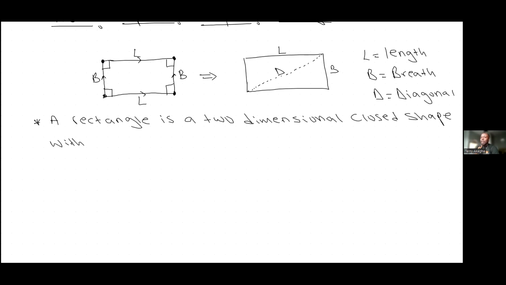Now, not only does it have four sides, it has four corners. And these four corners definitely mean that they have four right angles.